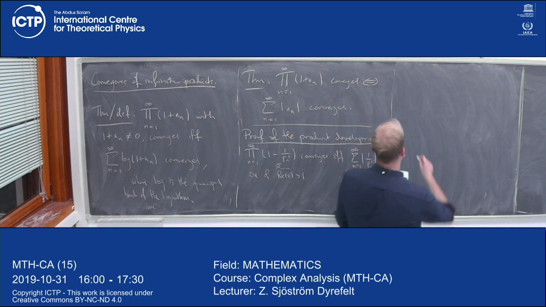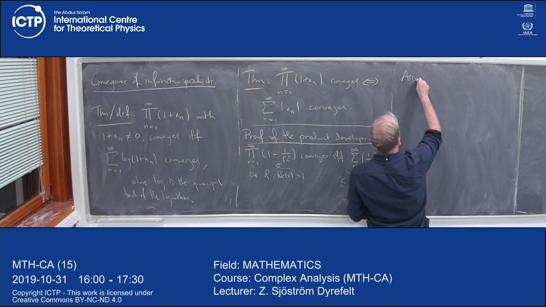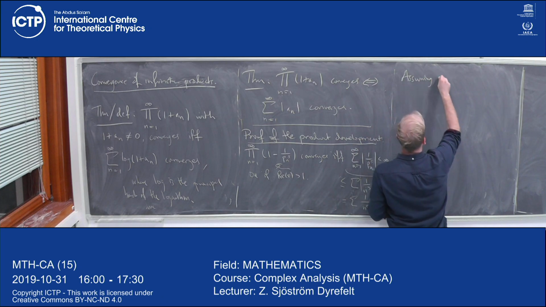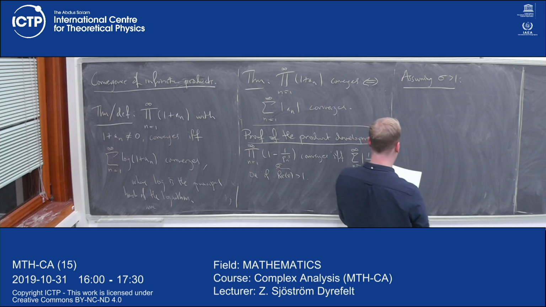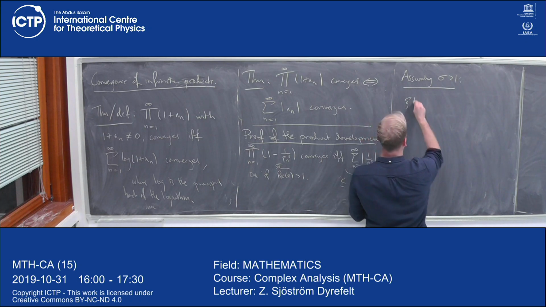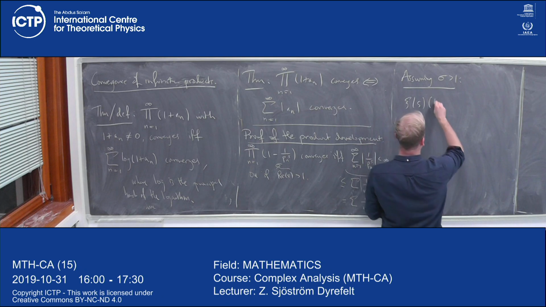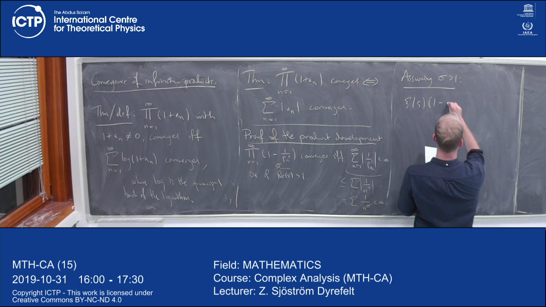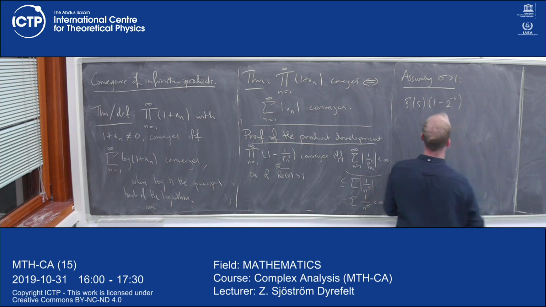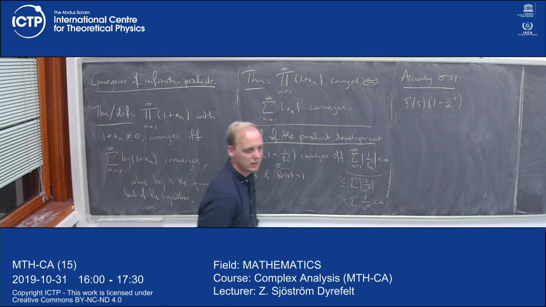Okay, so now comes the trick. So assuming that sigma is larger than 1, then you can do the following. So you can look at the zeta function times 1 over 2 to the power minus s, taking the first term here, okay?